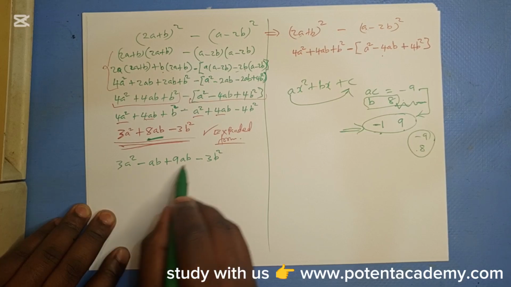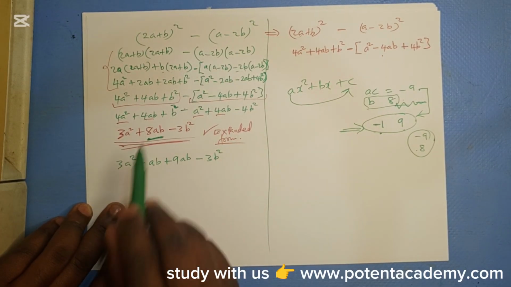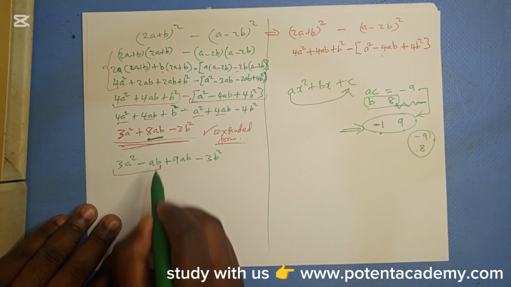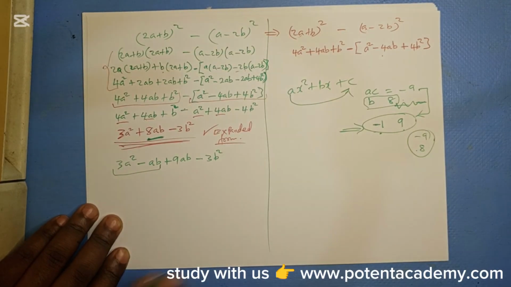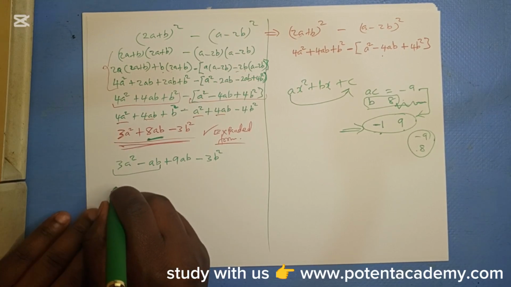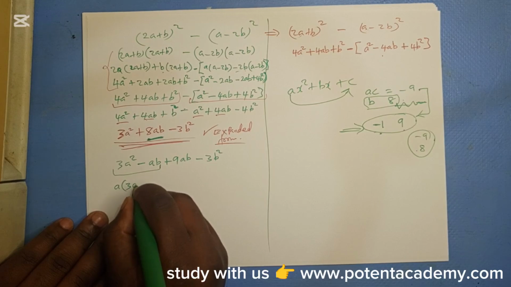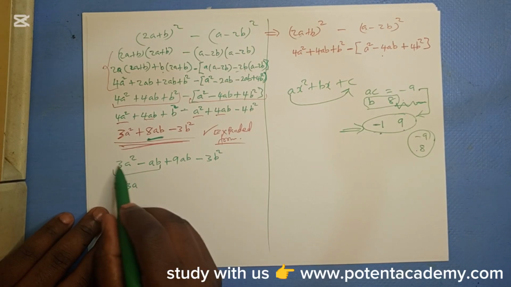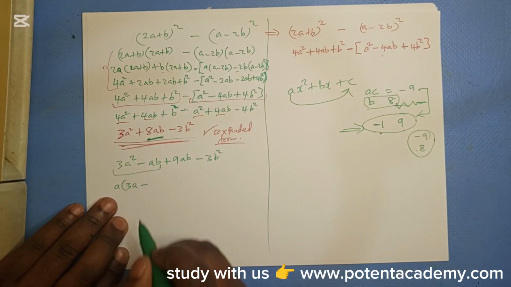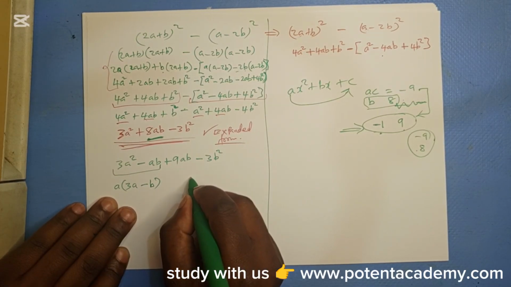If you operate this, putting like terms together, they go back to 8ab. So after this expansion, you take the first 2 terms and look for the like terms. The like terms both have an a. So you factor out a, and you remain with 3a. 3a squared divided by a gives you 3a, minus, if you factor a outside, you get b. So whatever you get here, you copy it here.